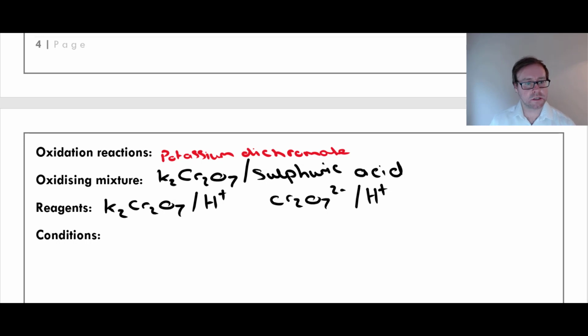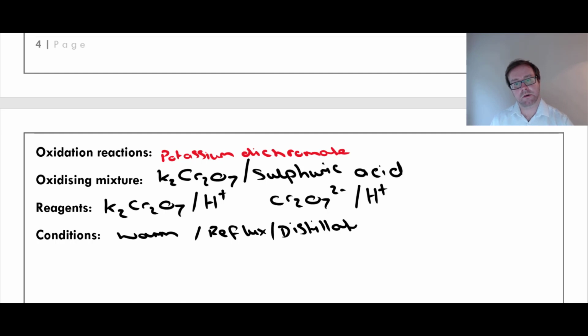Okay, the conditions for an oxidizing reaction to occur are generally warm. We can reflux and we can distill it, but we only really need to warm. But we can put reflux or distillation, dependent on the product we want to achieve.